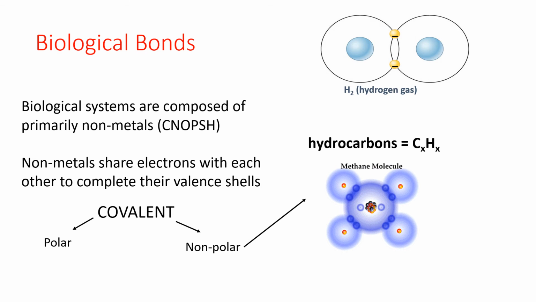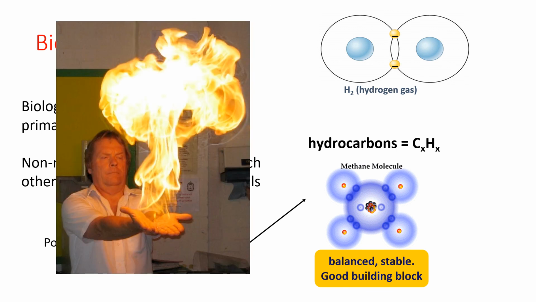And that makes those molecules nonpolar. Also, because of the equal distribution of charge, it makes those compounds pretty stable. And stable compounds make for good building blocks of living things. They don't break apart. It takes a little bit of energy to make these compounds. That means that when the compounds are broken apart, they release that energy and have quite a bit of it.